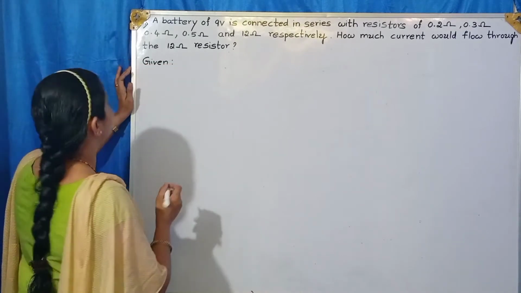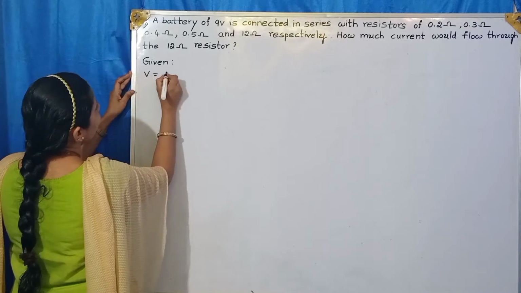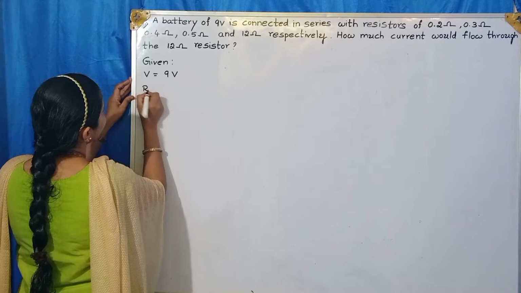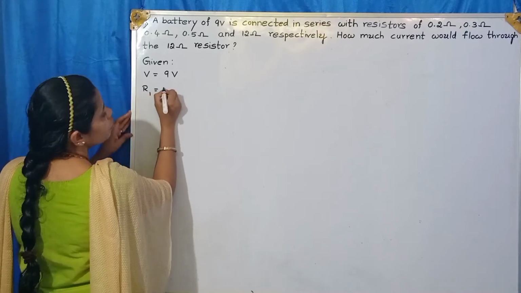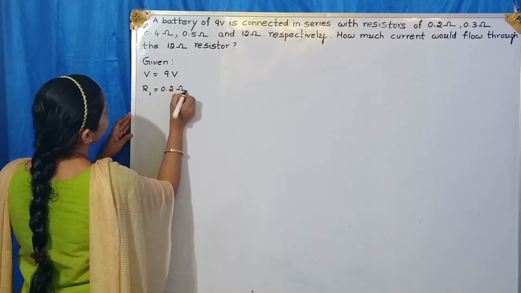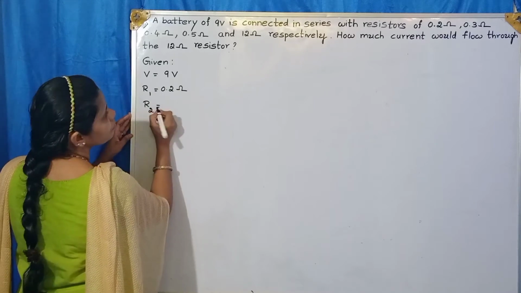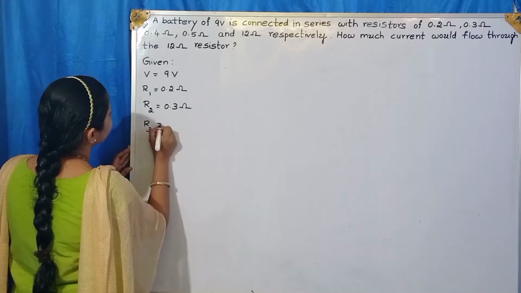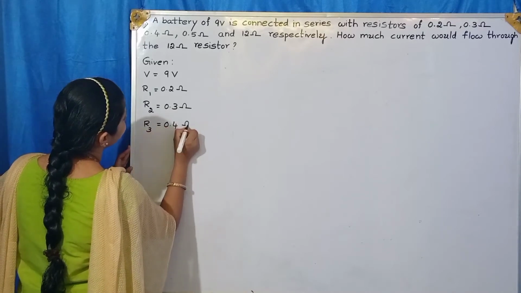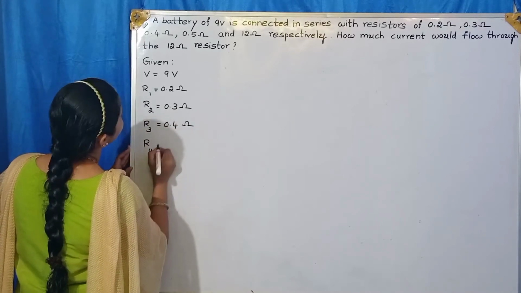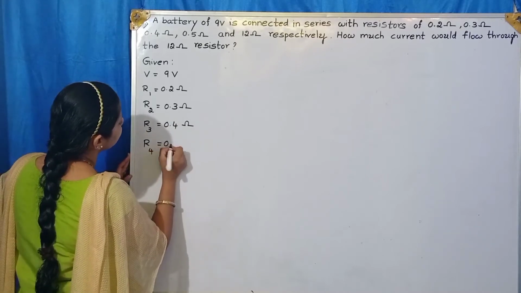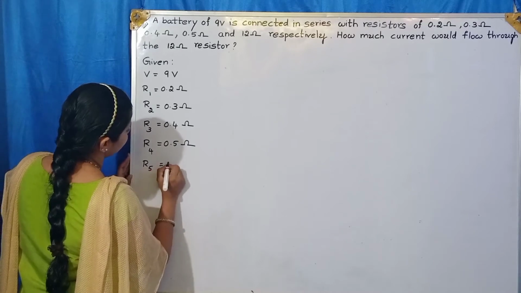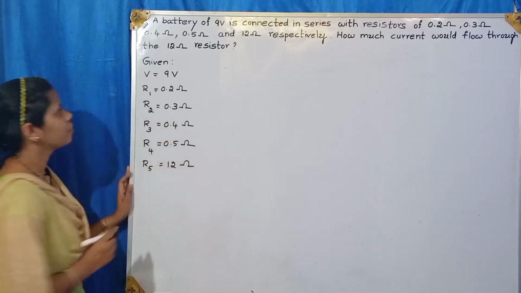Battery of 9 volt, and the resistors: R1 is 0.2 ohm, R2 is 0.3 ohm, R3 is 0.4 ohm, R4 is 0.5 ohm and R5 is 12 ohm.